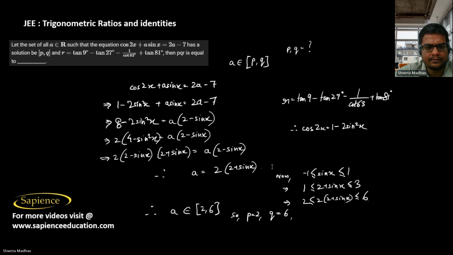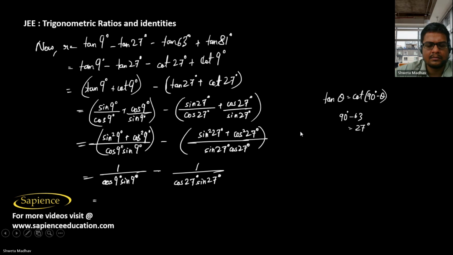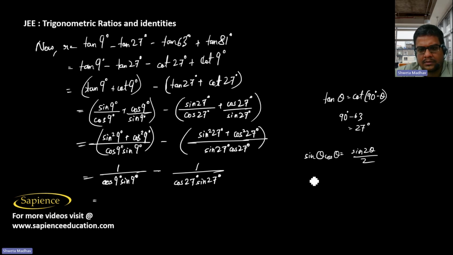Now, the thing is, we know that sine theta cos theta we can write as sine 2 theta by 2. And sine 9 degree into cos 9 degree we can write as sine 18 degree divided by 2, which is equal to root 5 minus 1 by 8. Since sine 18 is root 5 minus 1 by 4, since half is also there, it will be by 8.